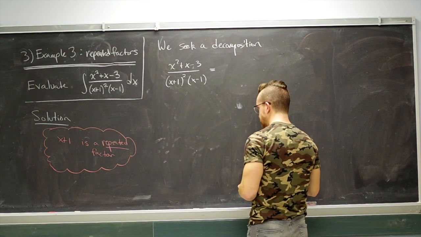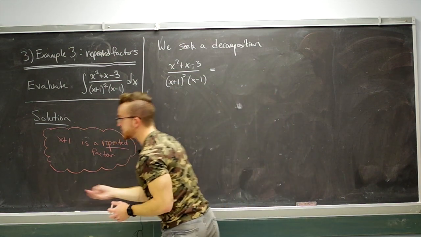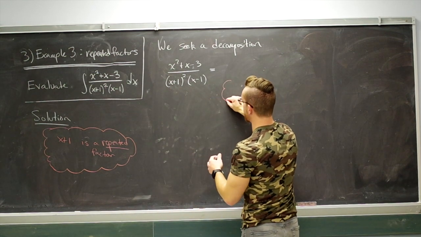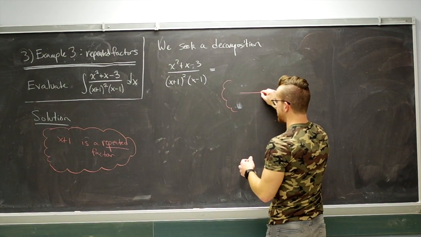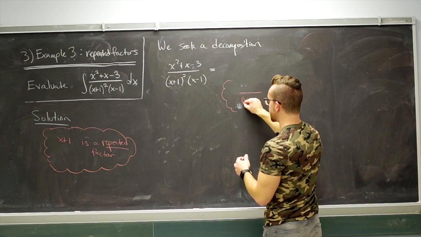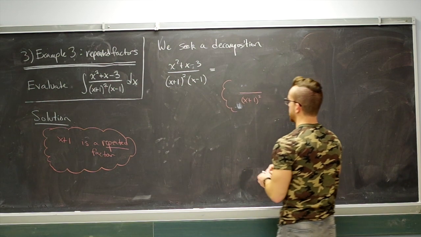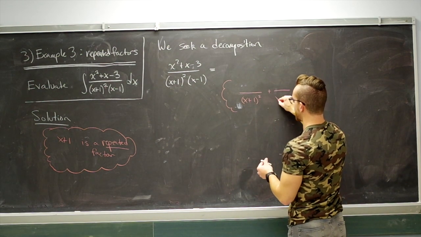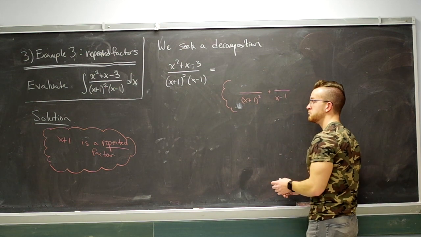Now, on the one hand, the first time you see this stuff, it might be tempting to decompose as follows. I've got something over (x plus 1) squared plus something over x minus 1.